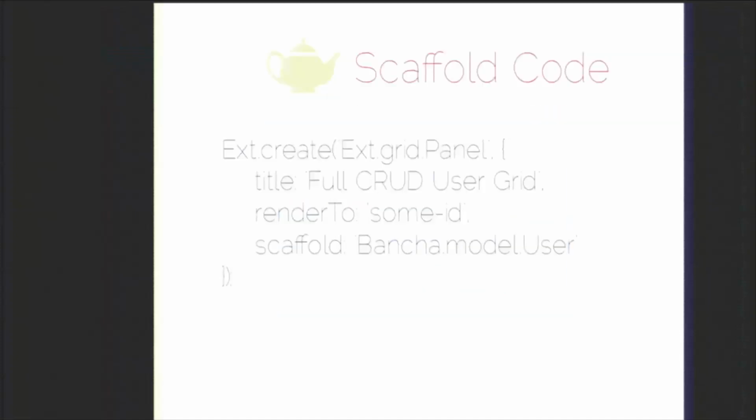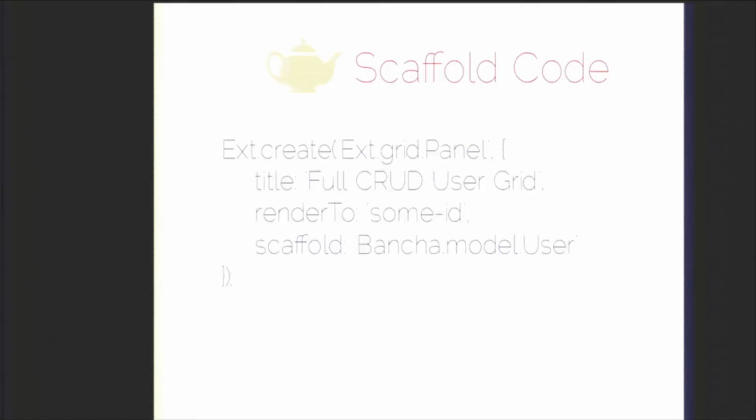So this is pretty nice if you're working with Sencha Architect, but if you're hand coding, ExtJS doesn't really follow the idea like CakePHP to rapidly develop. So if you create a grid, you have to do a whole lot of configurations to get a default grid running. And so we have a small scaffolding library where you don't have to do that, where it's automatically fetched from the model.